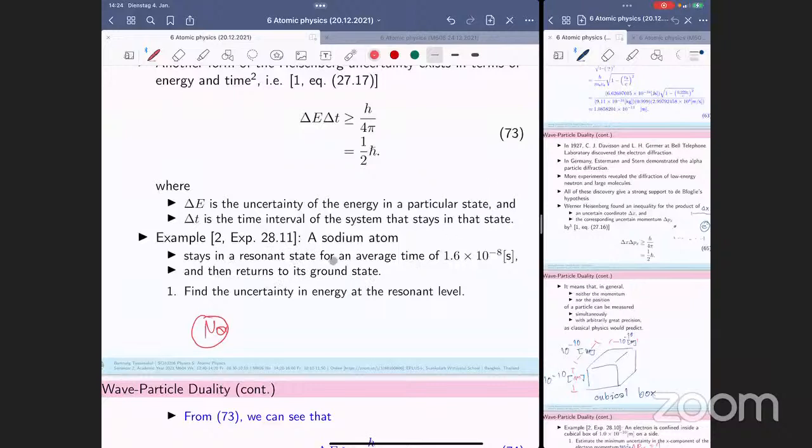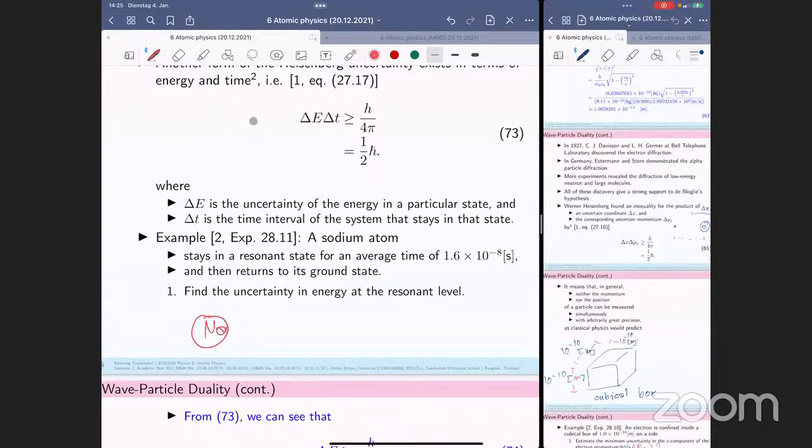What is the resonance state? It means the state that has high energy, and once the energy is completely released, the energy in the whole system of the sodium atom reduces, and the atom returns to its ground state. That's the whole thing here.